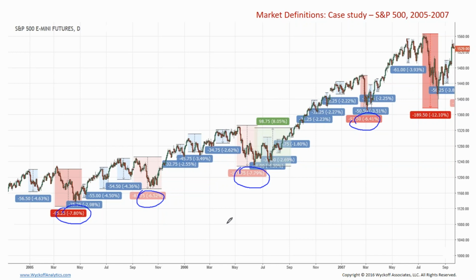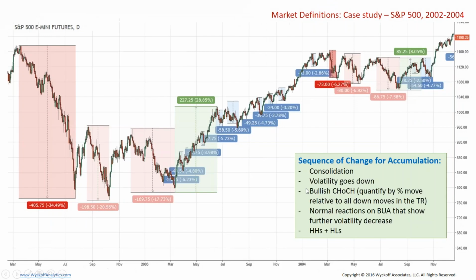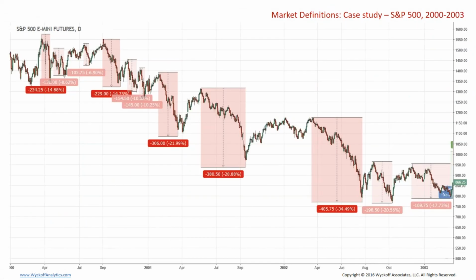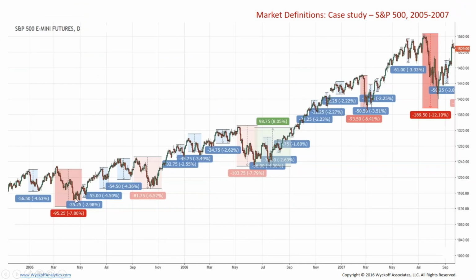We've never seen anything like we've seen at the beginning of the bear market, where the reactions are, look at these, minus 15, 8, 7, 15, 10, 10, 21, 28, 34. So this is not the type of volatility that we're seeing on the way up, even on the reactions that seem to be the largest in the uptrend.